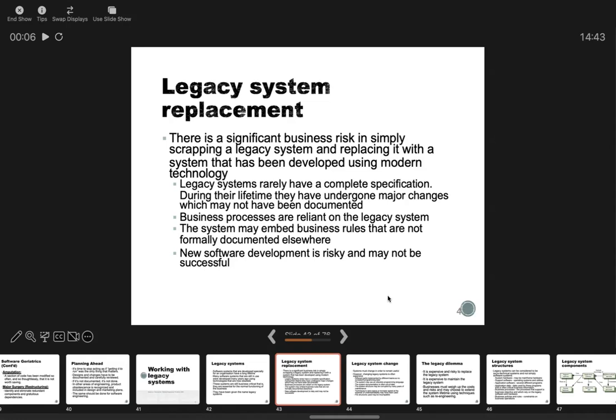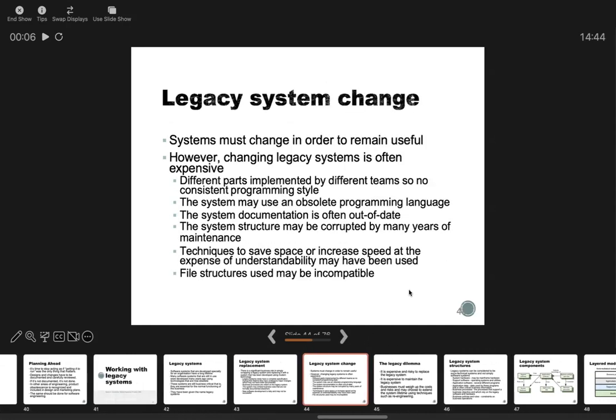It is doable, but it is not actually recommended because legacy systems rarely have the same specification or requirement. They have different business processes, and the system may have some business rules or strategies. So new software development is risky, and it might not be successful.